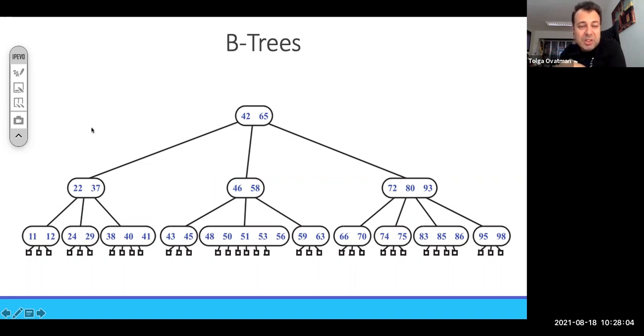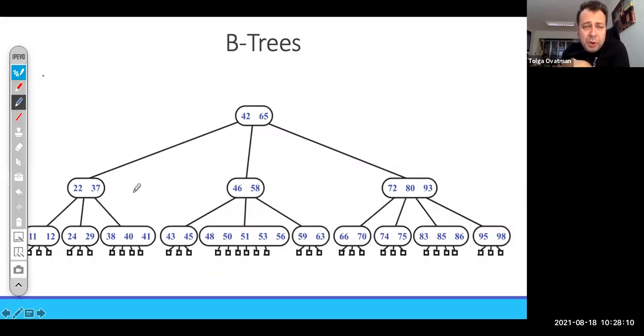So I'm going to do the restructuring, rebalancing according to this load factor rule. So you check your nodes, and if one of your nodes has a single element, then you need to restructure the tree so that that one will not have a single element anymore. None of the nodes would have a single element anymore.